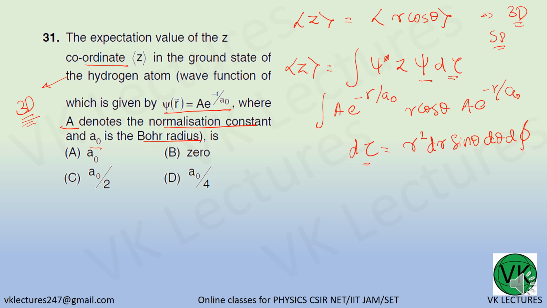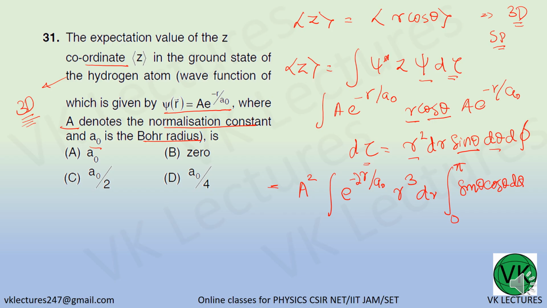Now just substitute these values. What you are getting is A square integral e to the power minus 2r divided by a naught into r into r square, which is r cube, dr, integral sin theta cos theta d theta, from 0 to pi, and into integral 0 to 2 pi d phi.